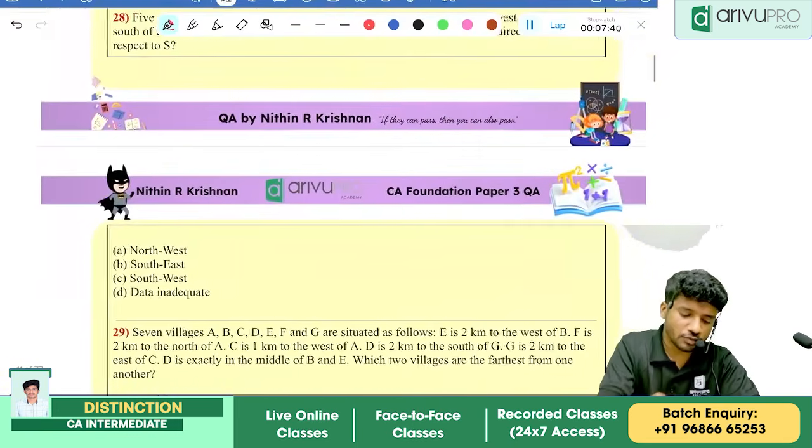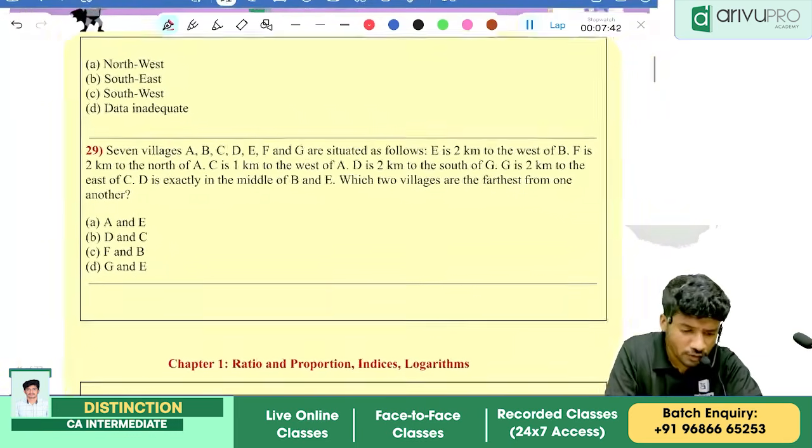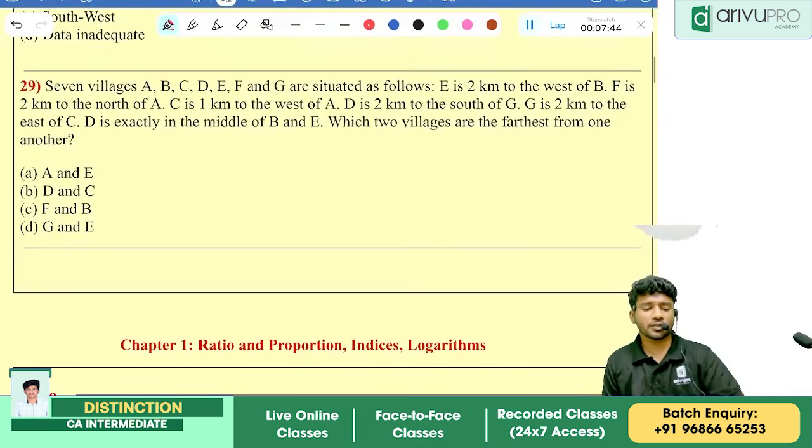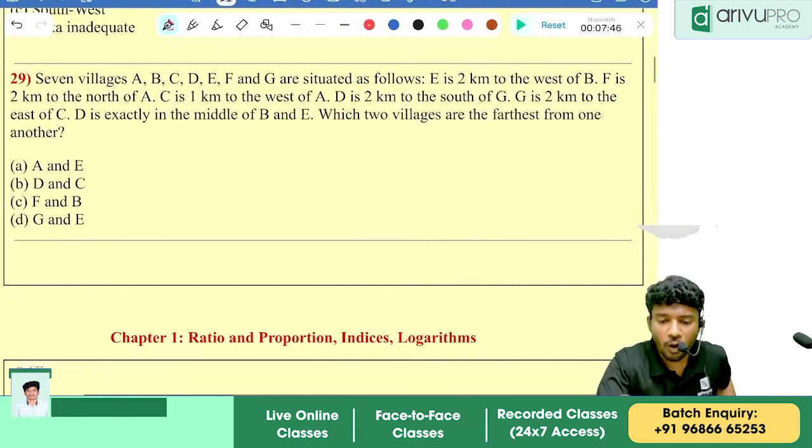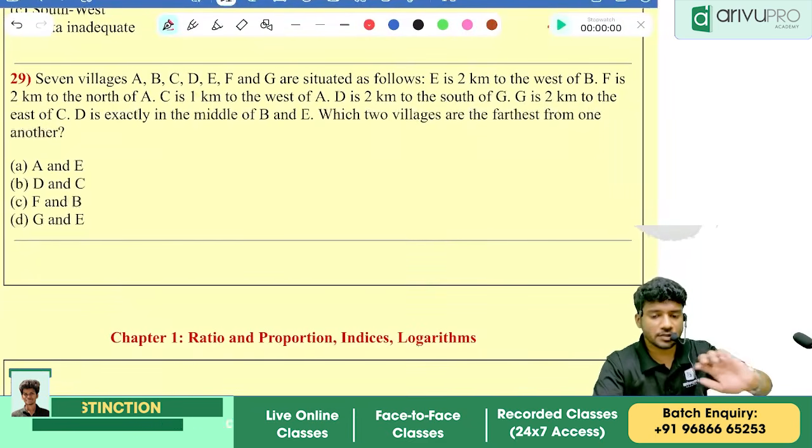Final question. No, second last question. No, we will solve this as the final question. Try to get me the answer. I will give you 1 minute. Get me the answer.